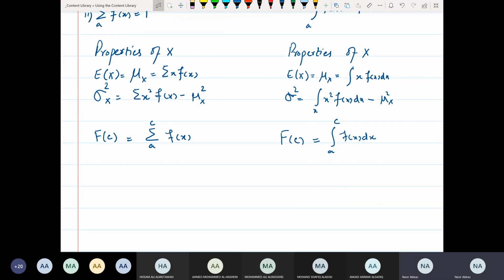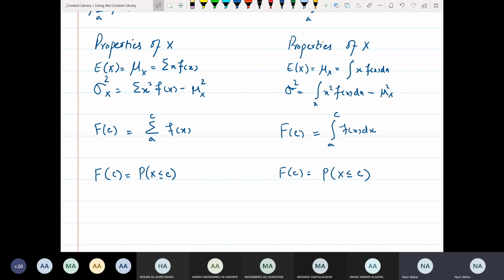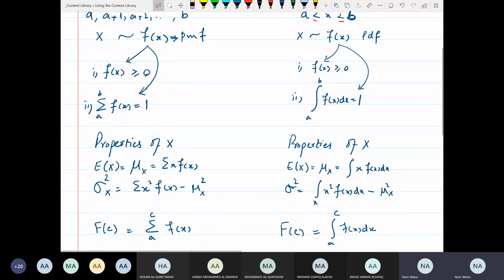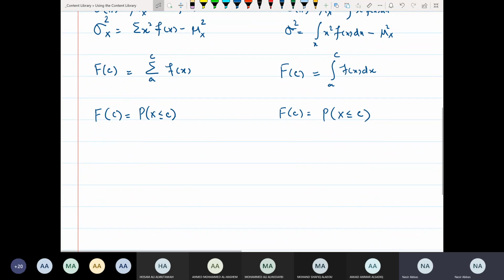As we know, the general definition of capital F of c is basically the probability of X less than or equal to c. And the same is true for discrete random variable. So this was a one-to-one comparison of discrete and continuous random variables. Let us have an example.